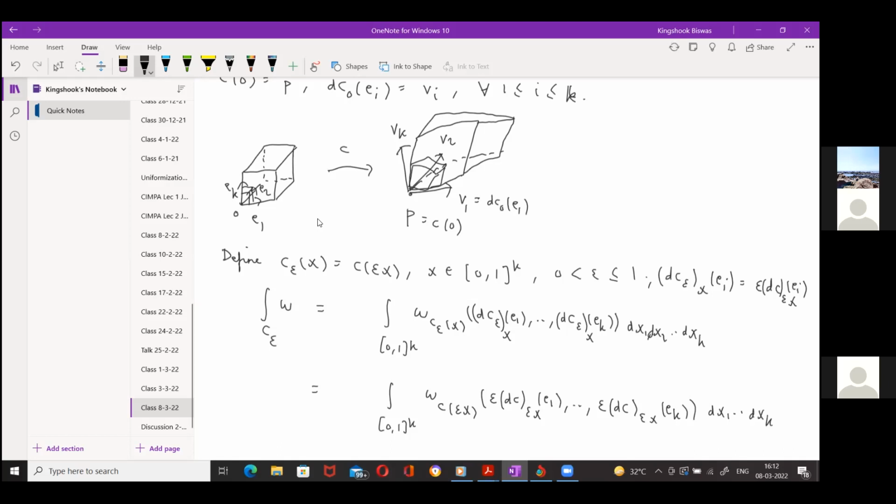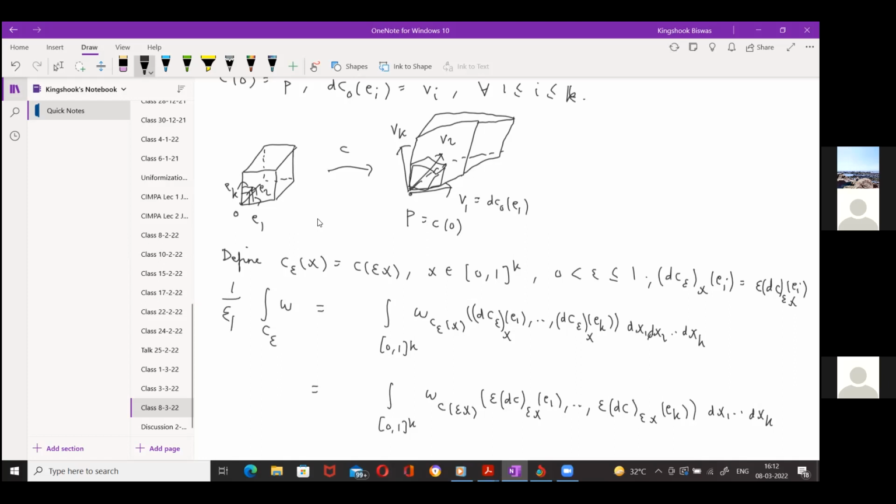So I have an epsilon factor in each of these terms, and omega is multilinear. So I'll get an epsilon to the k coming out, right? So when epsilon tends to 0, this is going to tend to 0, like a constant times epsilon to the k. So in order to get a finite limit, what I should do is divide by epsilon to the k.